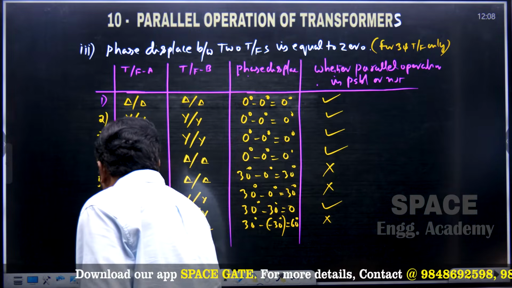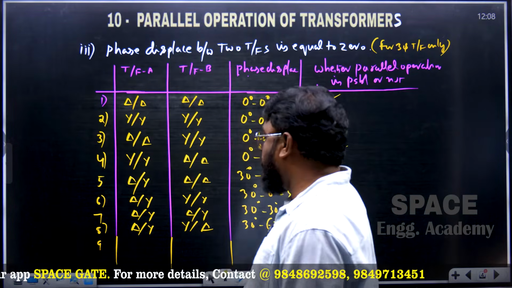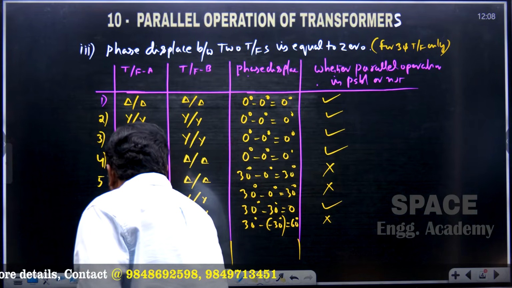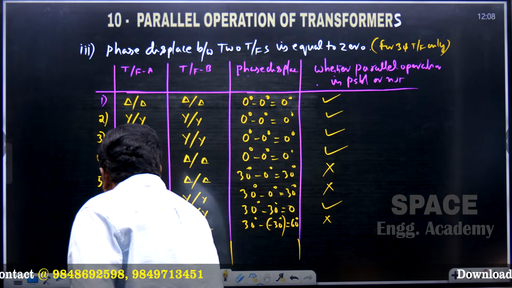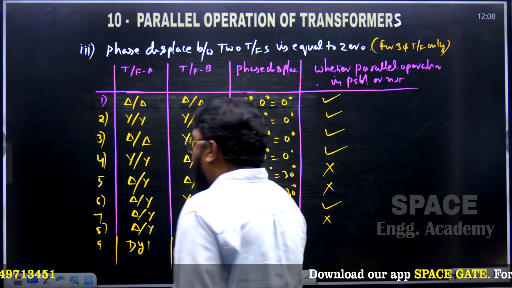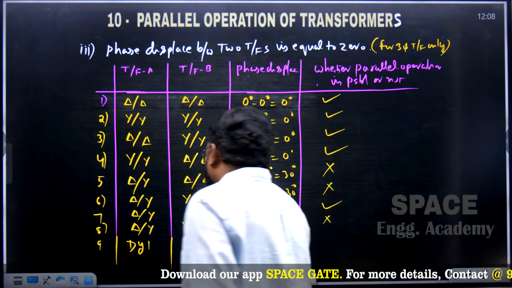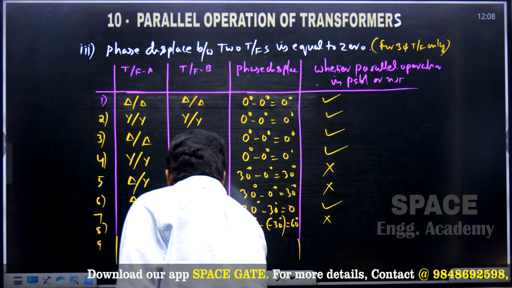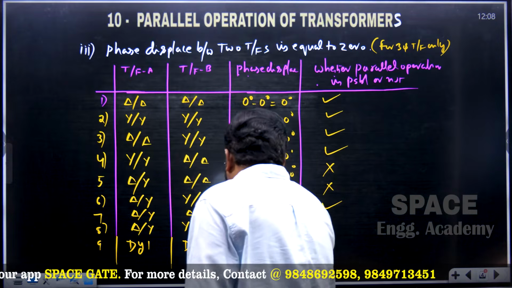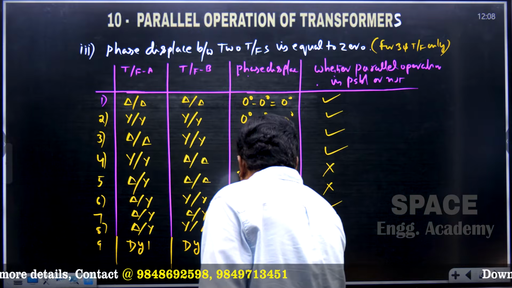And another possible connection, the ninth one. I am taking Dy, for example. This one is a Dy1. The Dy1 is nothing but 30 degrees lagging, and next one is a Dy11 is given. So one transformer is that: the minus 30 degrees, okay, it is a plus 30 degrees.